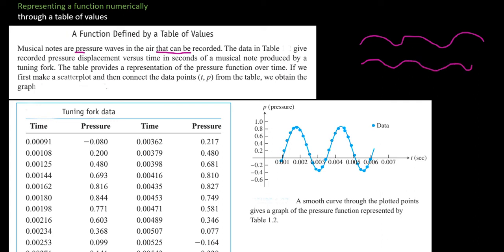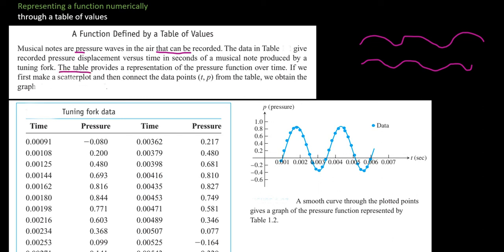The data in the table is given: recorded pressure displacement versus time in seconds of a musical note produced by a tuning fork. A tuning fork produces that note, and with the time, we measure the pressure of each wave.